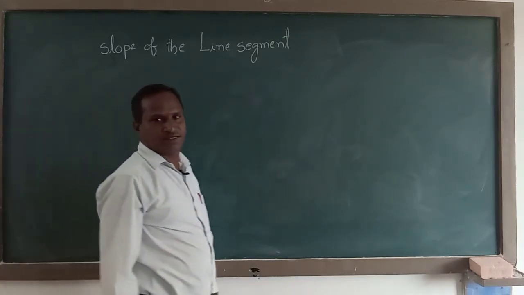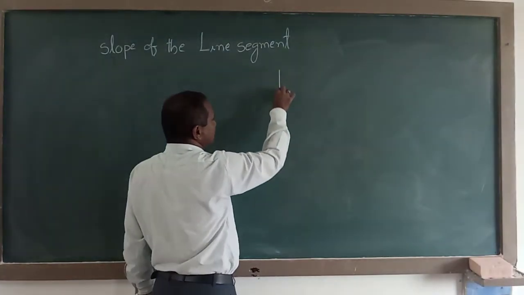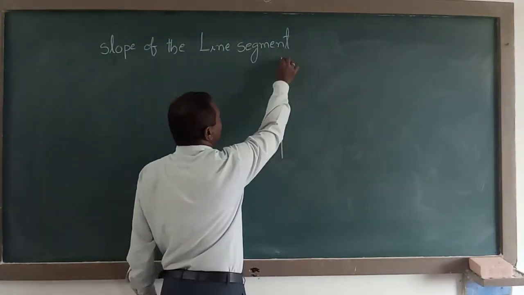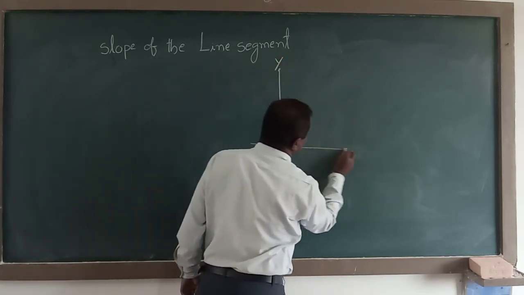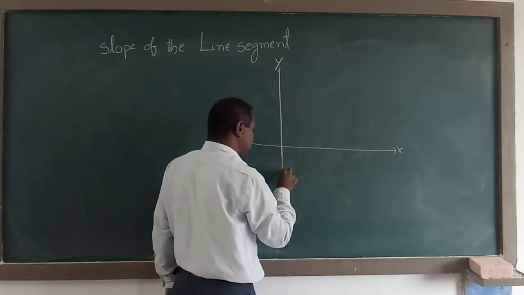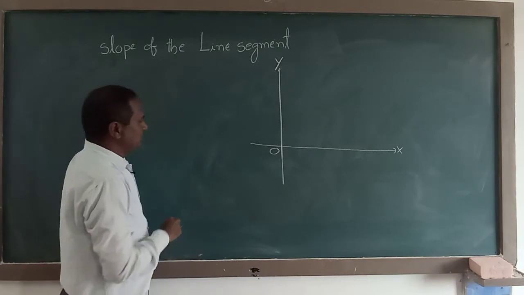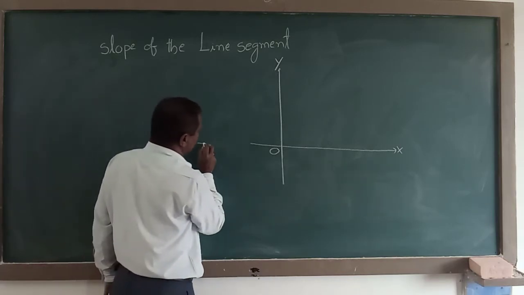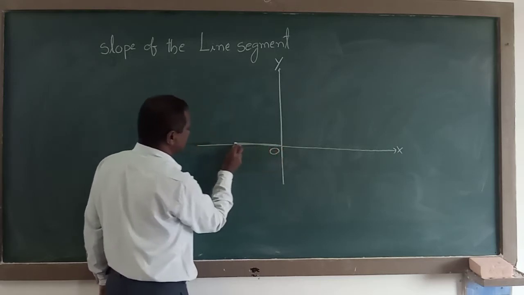Slope of a line segment generally can be taken like this. First, we take the y-axis and here the x-axis. The point of intersection of the x-axis and y-axis is called the origin. You can also extend the x-axis here like this.